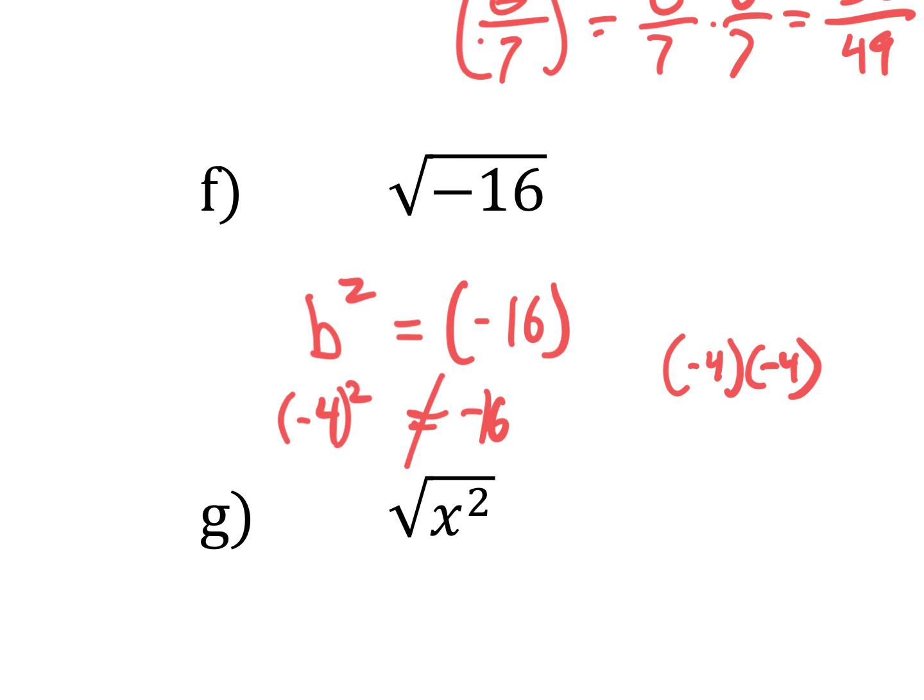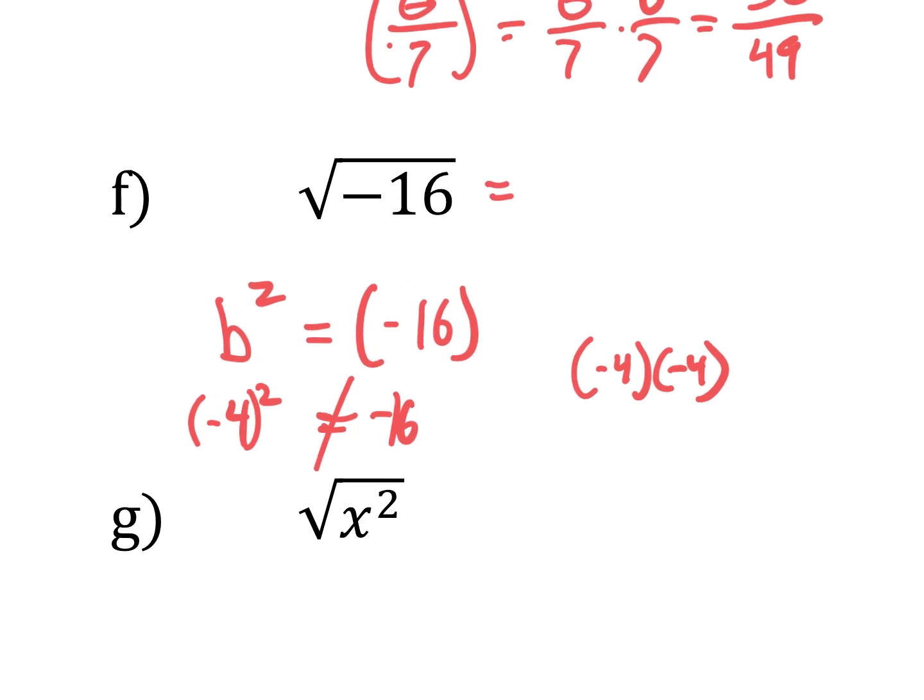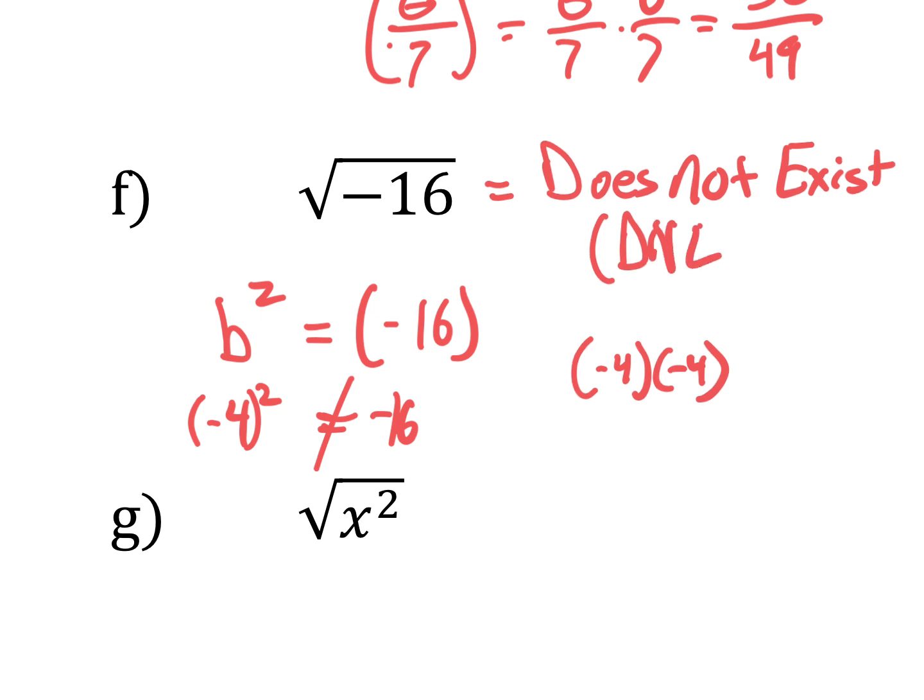I'm going to put a slash through that equal sign. So there is no number that you can multiply by itself to get negative 16. So this does not have an answer. So we say this does not exist. Or we're going to use an abbreviation for that, DNE.